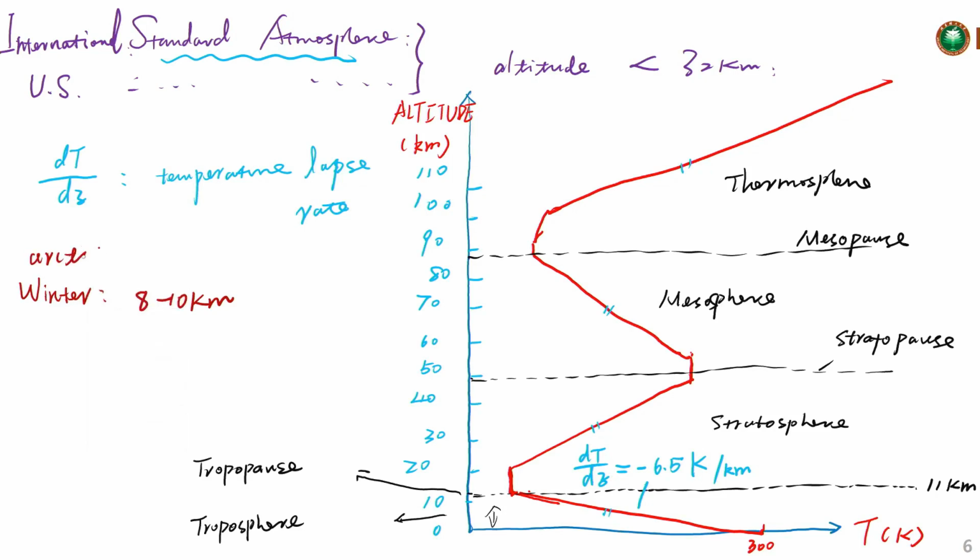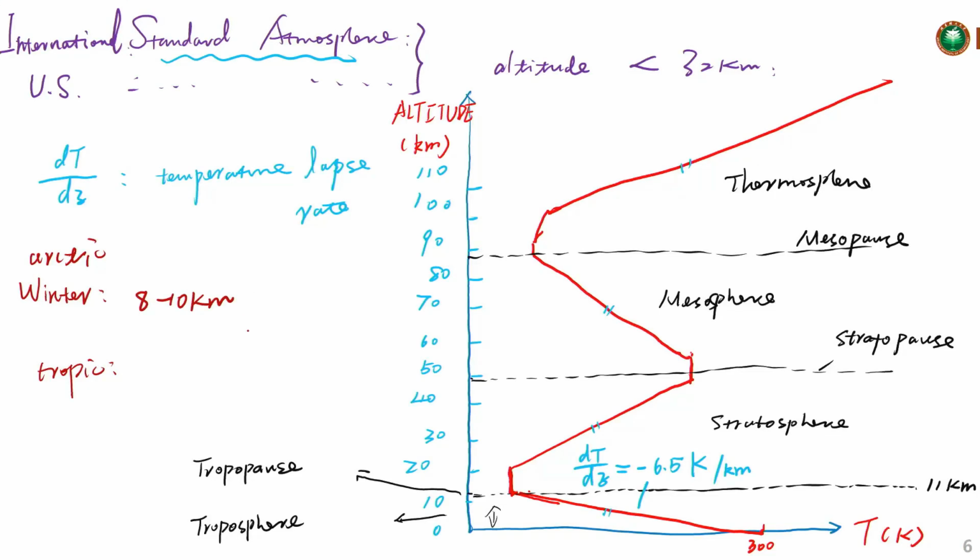If it is close to the tropics, it is 16 to 18 kilometers. So the 11 kilometers is just for the standard atmosphere, for the middle latitudes.